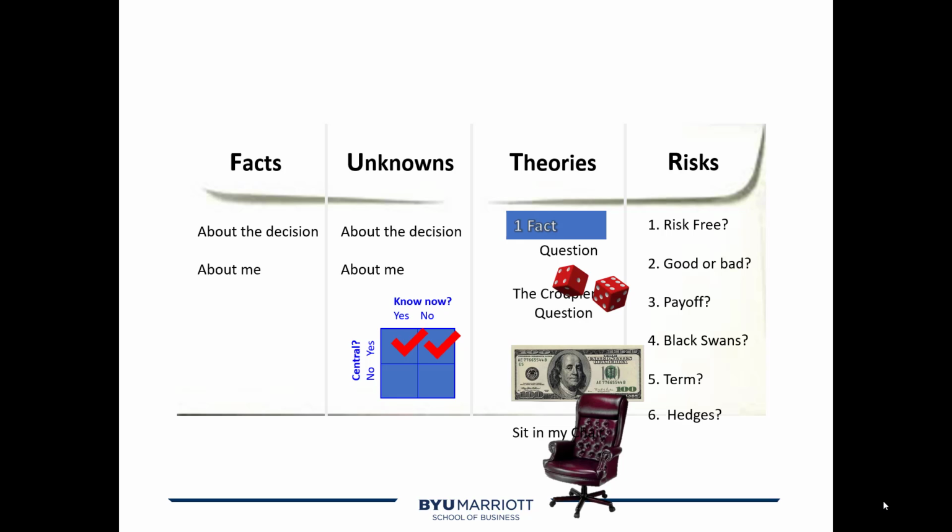And finally, in this segment, we've talked about risks. Is there a risk-free world? The answer is no. What's my attitude toward risk? Is risk a good thing or a bad thing? What's the payoff? Is the reward worth the volatility? Where are the potential black swans? Am I trading short-term risk for long-term risk? Or what is the nature of that trade? And finally, are there ways that I can hedge my bets?